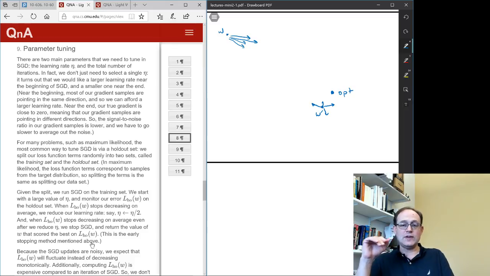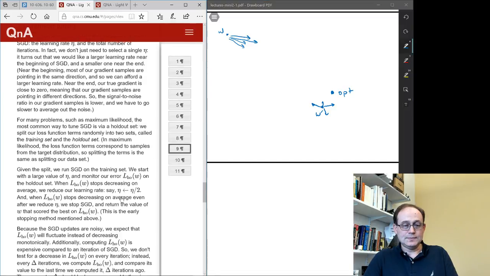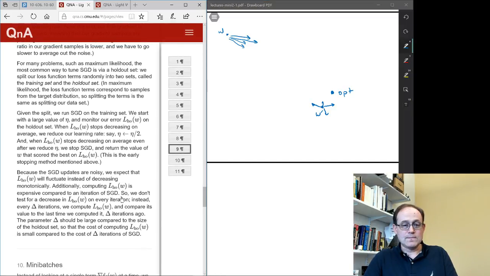All right, so we have to tune the learning rate, how the learning rate decreases over time, and when to stop. A lot of times we're going to have our sum of terms because we got a sample of data, and we can use that fact to create a way to do the tuning, called a holdout set.